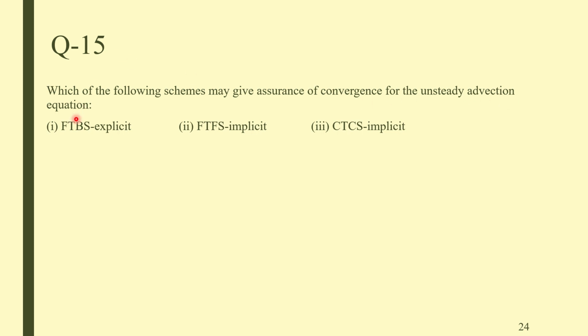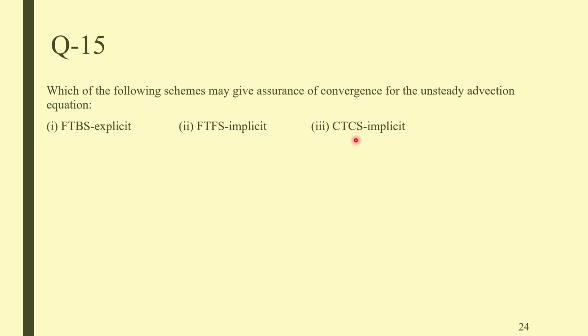So the first one is forward in time, backward in space, explicit equation. The second one is forward in time, forward in space, implicit equation. And the third one is central in time and central in space, implicit equation. So here all three can give assurance of convergence, because explicit schemes are conditionally stable and implicit schemes are unconditionally stable.